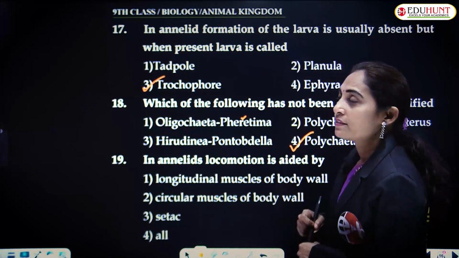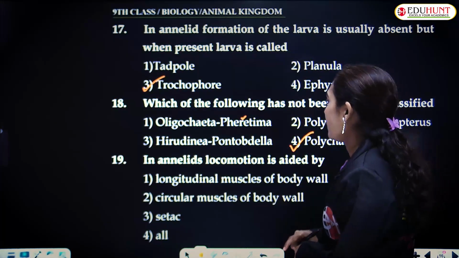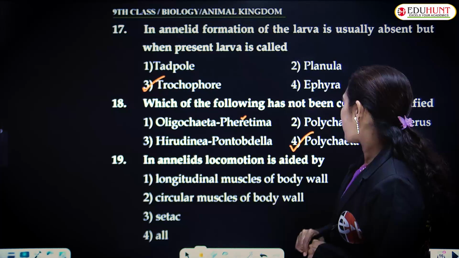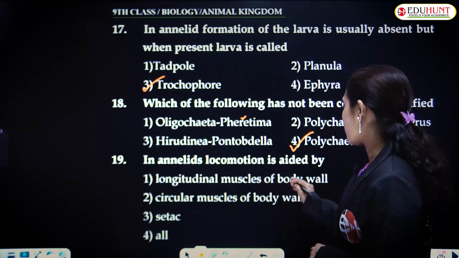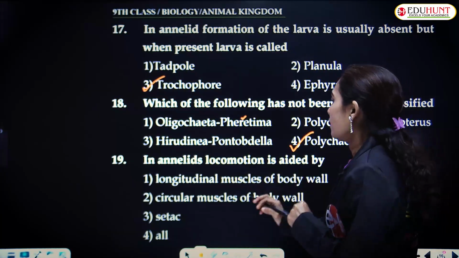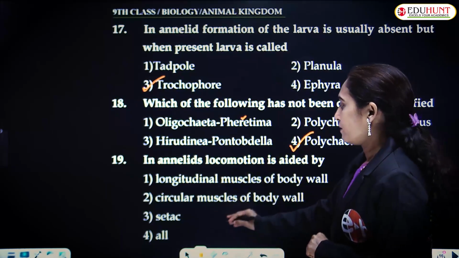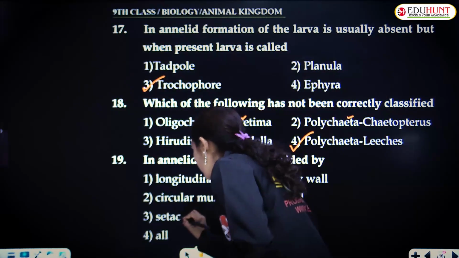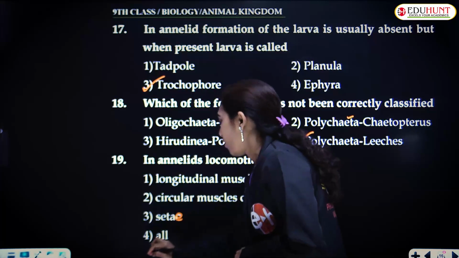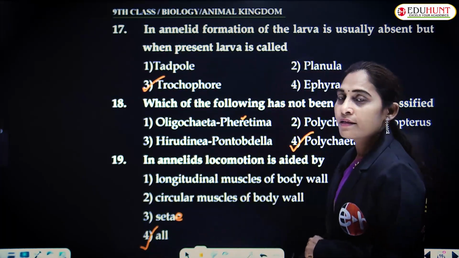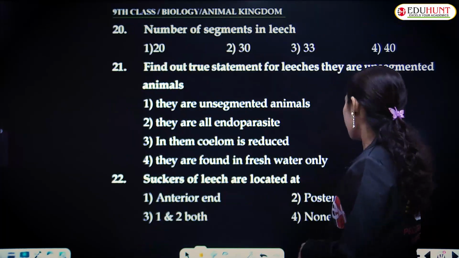They are in Hirudinea. In annelids, locomotion is aided by longitudinal muscles of the body, yes. Circular muscles of the body wall, yes. And setae, all aid in locomotion.